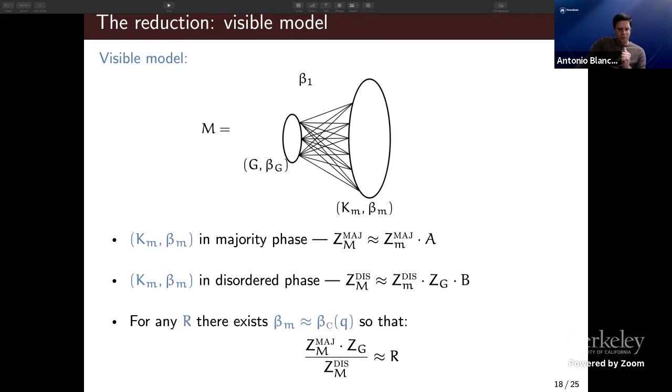Right. So just to put in symbols what I was saying with words, essentially, when this guy is in the majority phase, and now we look at the partition function for the visible model, the fraction of the partition function that corresponds to the majority phase here is going to be given essentially by the majority partition function of the complete graph times some constant.